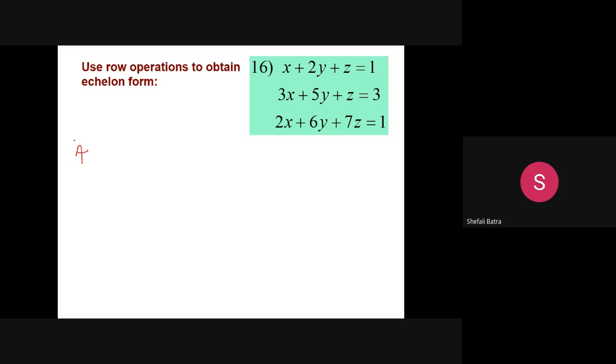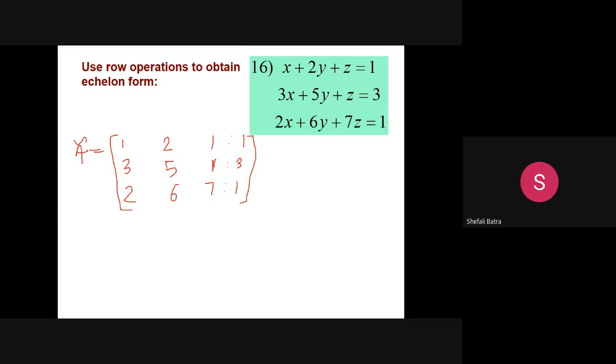You will write the augmented matrix directly: 1, 2, 1, colon 1. Then 3, 5, 1, and then 3. 2, 6, 7, colon 1. Right?